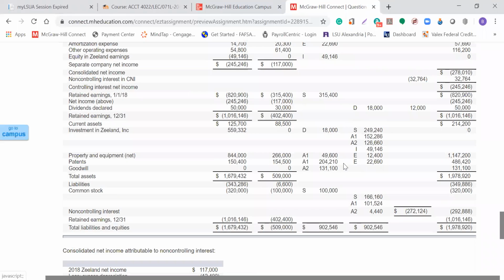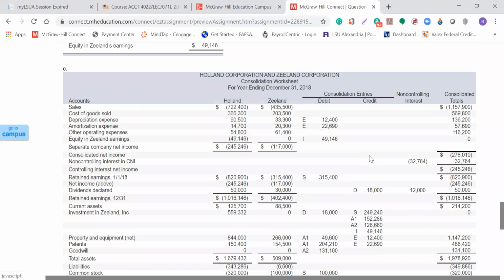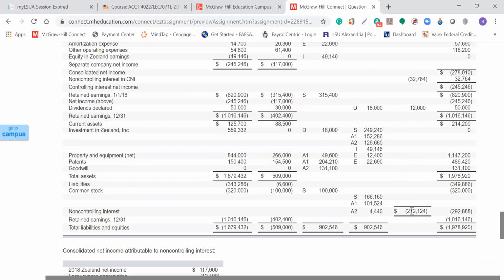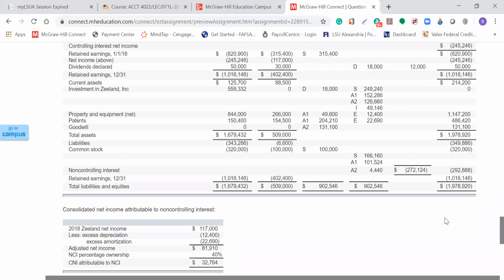This has come up in a number of problems. The only difference in this one and the previous one I showed you is that you have to account for the non-controlling interest in the consolidated financial statements, which is the $32,764. And then you have your non-controlling interest here to get your total liabilities and equity.